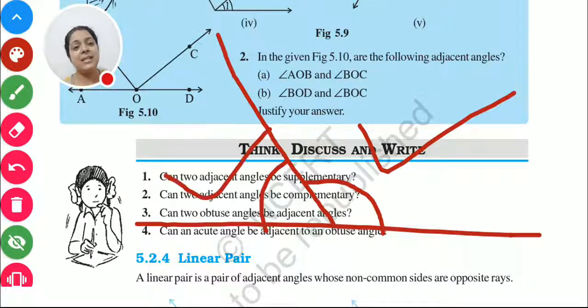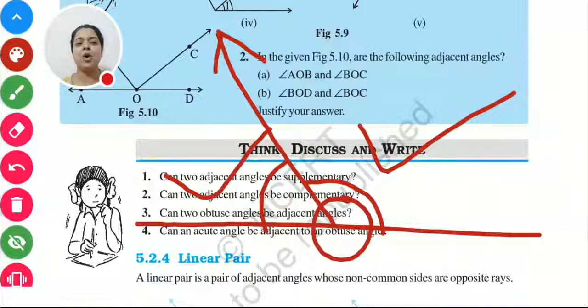Another is less than 90 degrees, so it is an acute angle. And you can see here, it has the common arm and the common vertex. So undoubtedly, yes, they can be adjacent to each other, because an acute angle, which is less than 90 degrees, and an obtuse angle, which is more than 90 degrees, can easily form 180 degrees, right?